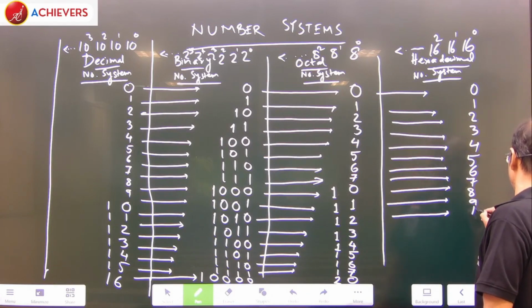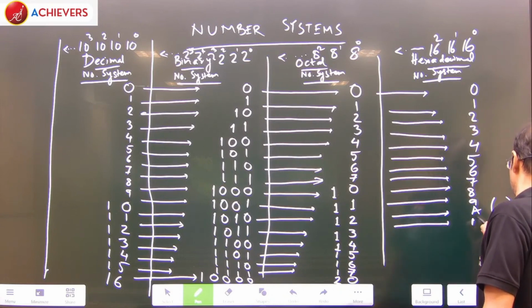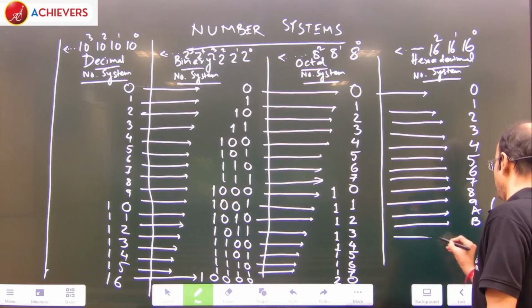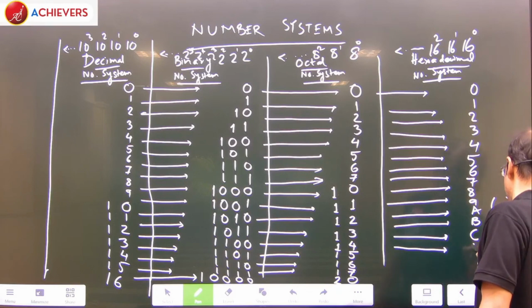So instead of 10, it will be capital A. And then starting from capital A, we will be representing each of the digits as A, B, C, D, E, F.